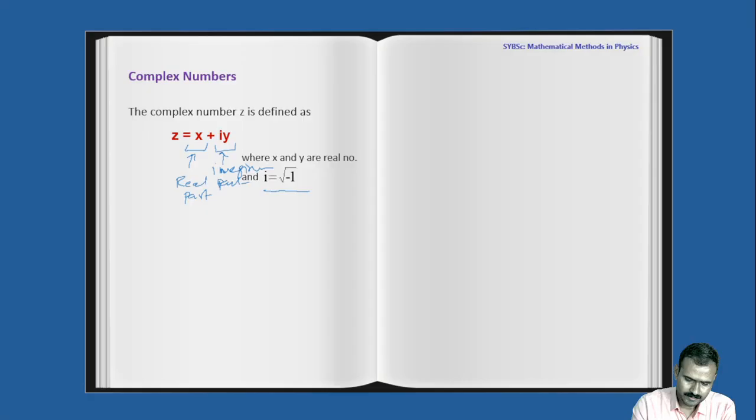So we can take some examples of complex numbers here. Before taking one example, the real part of this complex number z is x, and the imaginary part of this complex number is y.